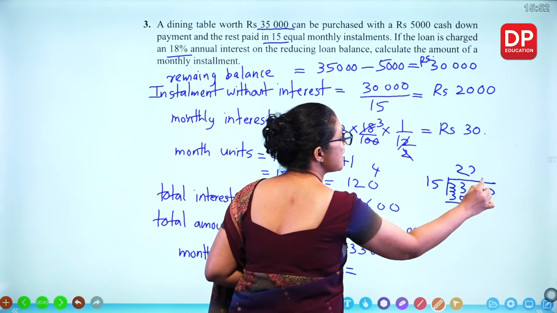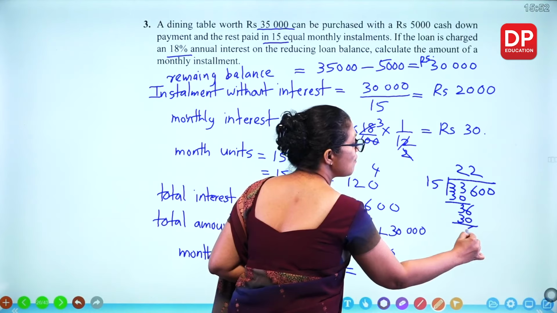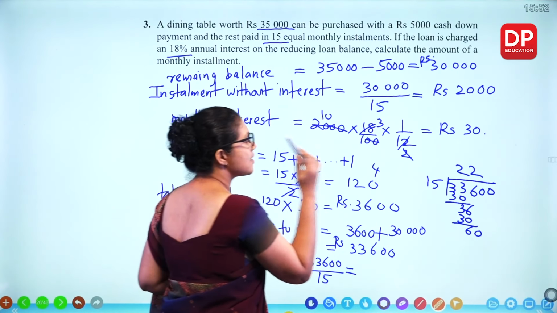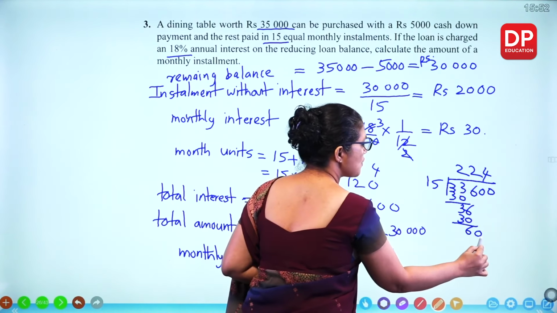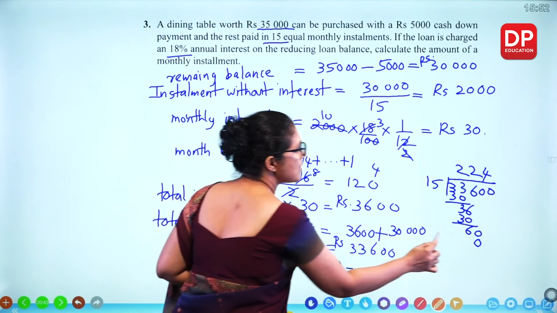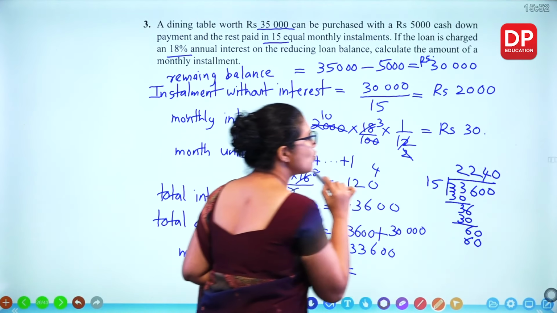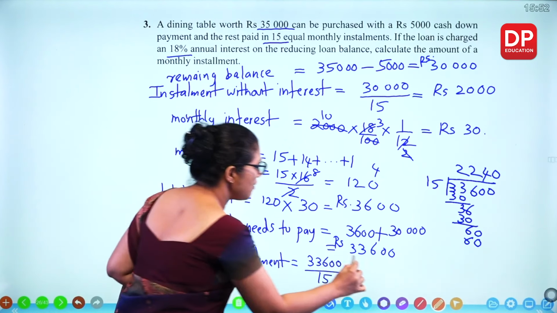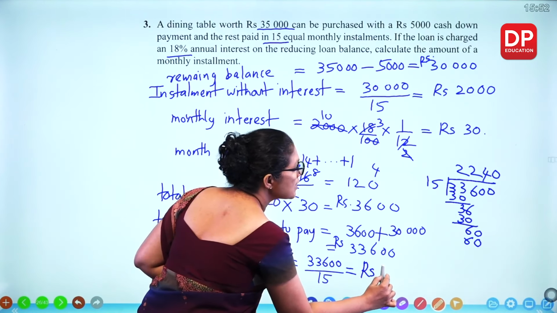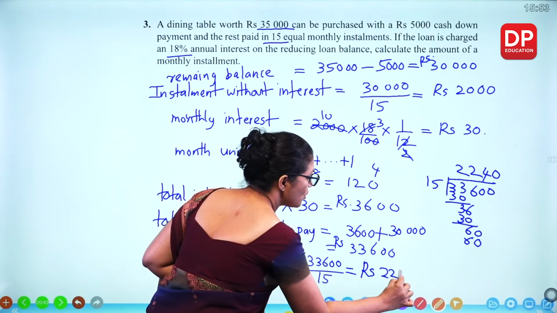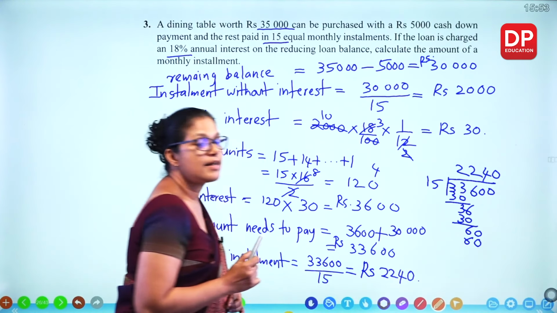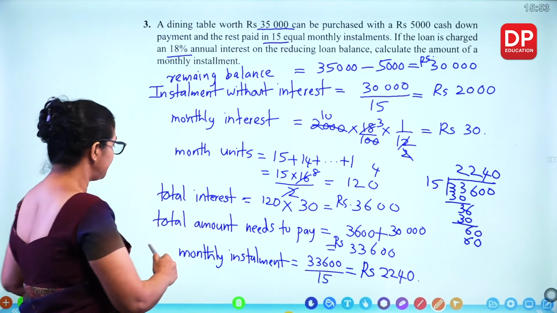For 36 again 2, 30. For 60, that's 4. 4 times 5, 20. So 60 there. So that means 2,240 rupees. So what's the monthly installment? 2,240 rupees.